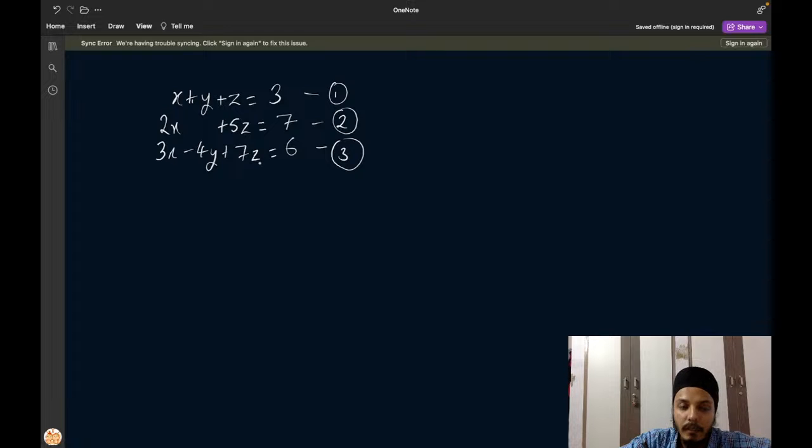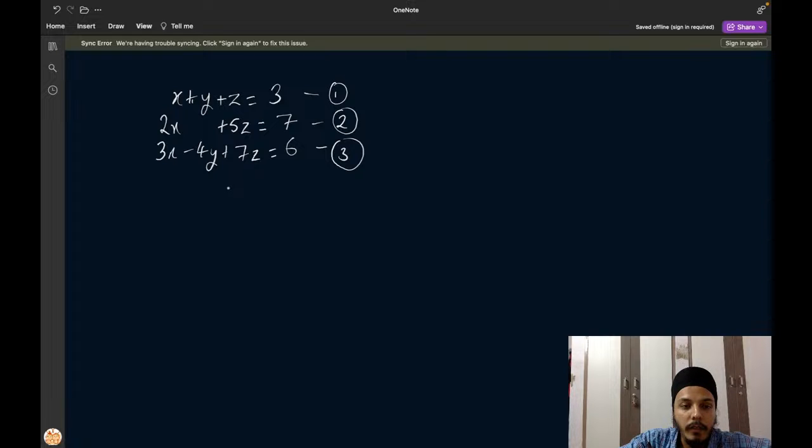Seeing the row picture is also manageable for the 3D equations, but it is not manageable for 4D or other dimensions. For 1D, 2D and 3D, you can still manage to see the row picture. Now we will first see the row picture of the equations. Representing the equation in this 3D form will give us a plane.